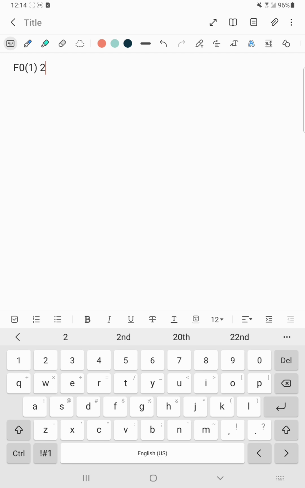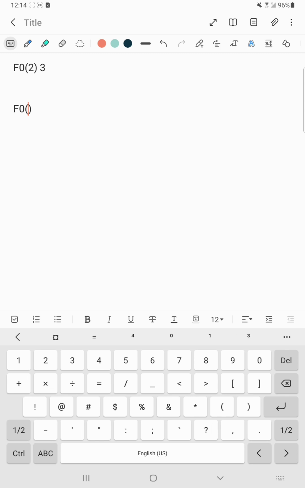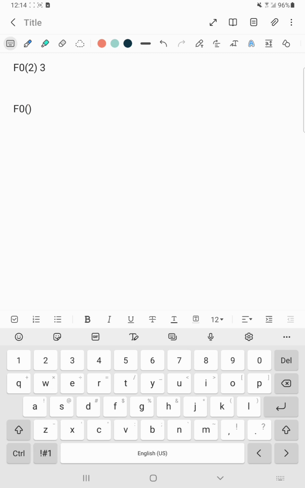Very small number, but how does this get bigger? If you put 2 in it, we'll get 3. The formula is F0 of x, it is 1 plus x. So this is a super small number.